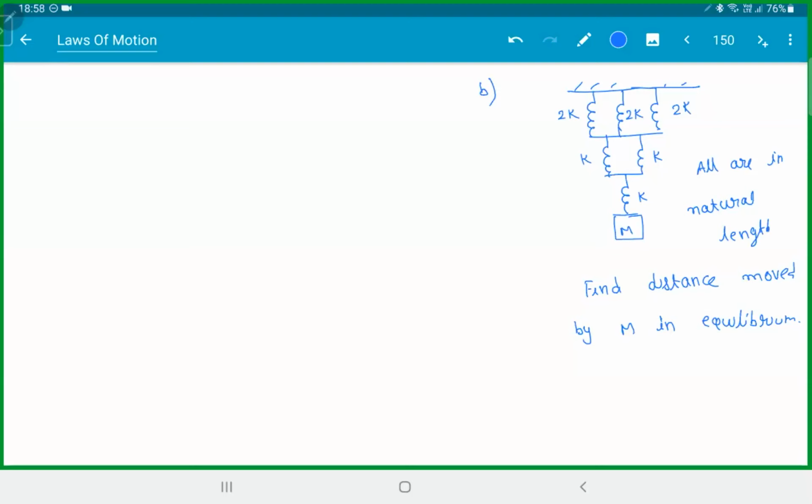So if you leave this from equilibrium, how much will it come down in equilibrium? Get this easy one. You just have to find K equivalent and your job's done.